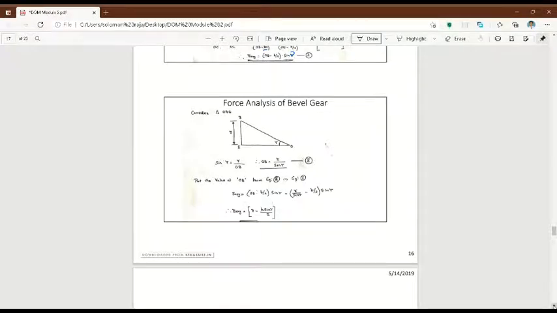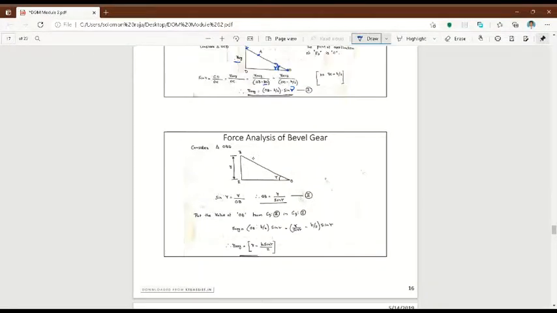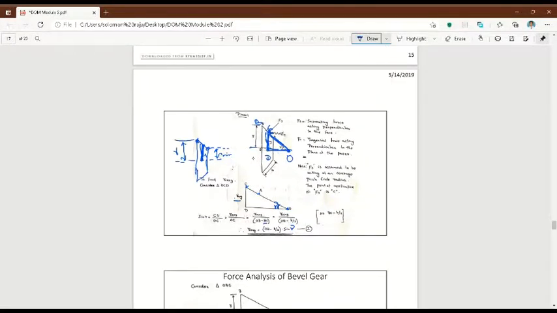So sine gamma, once again, sine gamma equals R by OB, if you take the whole triangle OEB.